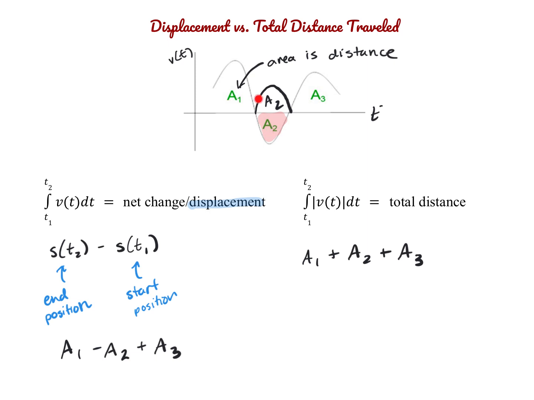Since we're treating all of the movement as positive movement, that actually gives us the total distance traveled. So again, when you're just evaluating a velocity function and you don't have the absolute value there, that's going to represent the displacement, because anything that's below will take away from the distance traveled because it is negative. However, if you are taking the integral of the absolute value of our velocity function, anything that was in the negative direction is going to be counted as positive, so that will give us the total distance that your particle traveled.